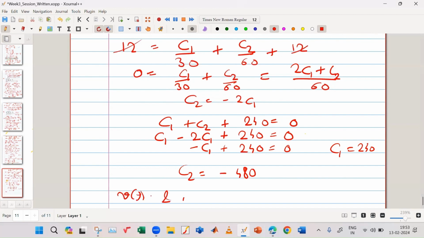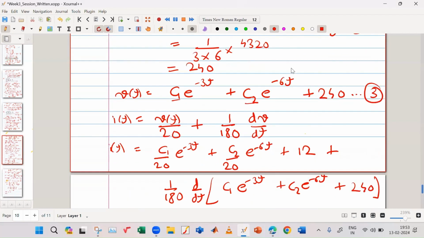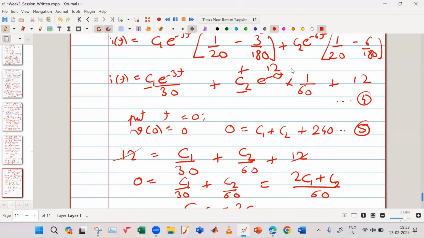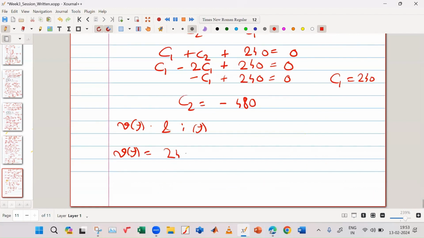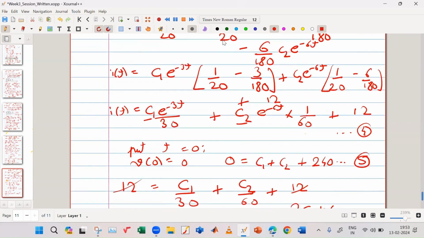and in your I of t. So if you put, we get V of t is equal to, let me go back, C1 e raised to minus 3t. So it is 240 plus 240 e raised to minus 3t minus 480 into e raised to minus 6t, and I of t is equal to 12 plus C1 upon 30.